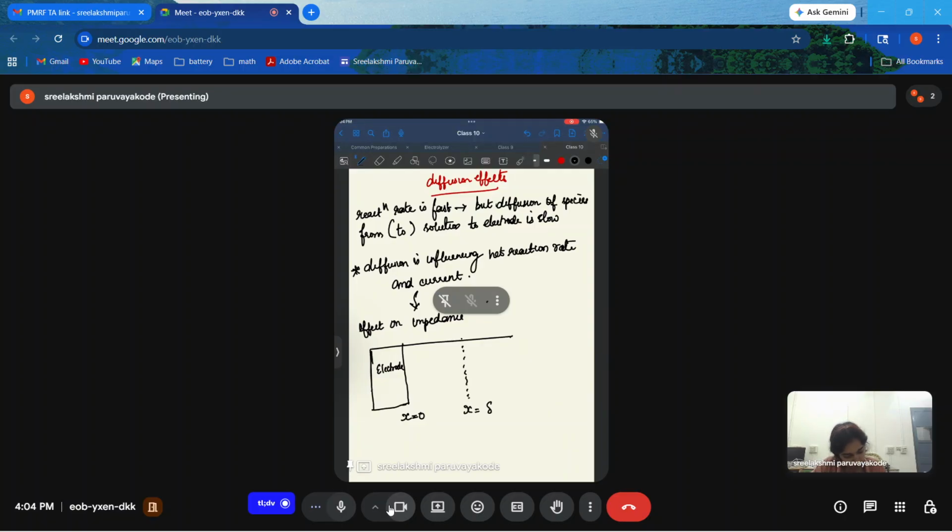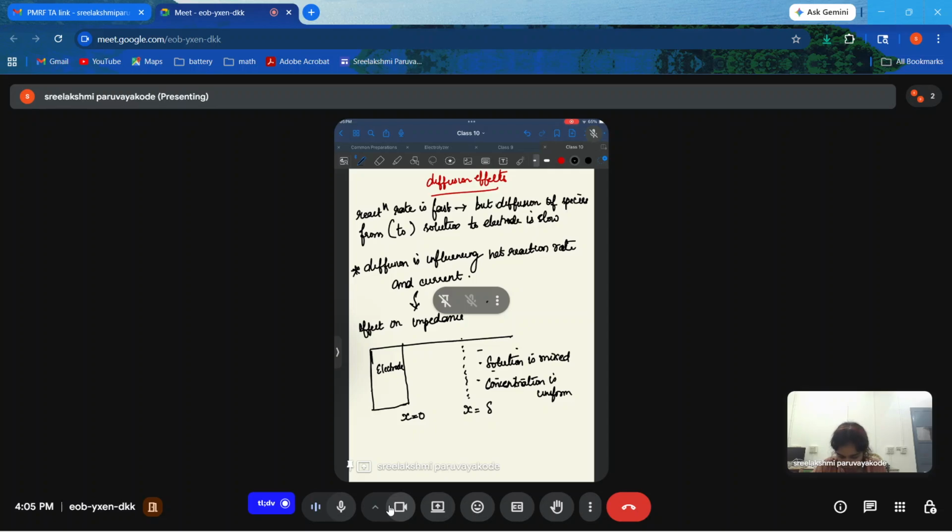So any place beyond this point, I am saying that the solution beyond this boundary is assumed to be mixed and of large volume, and because the volume is large, the concentration is uniform in the bulk.